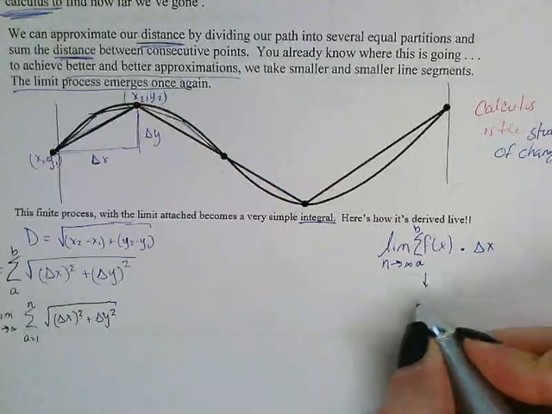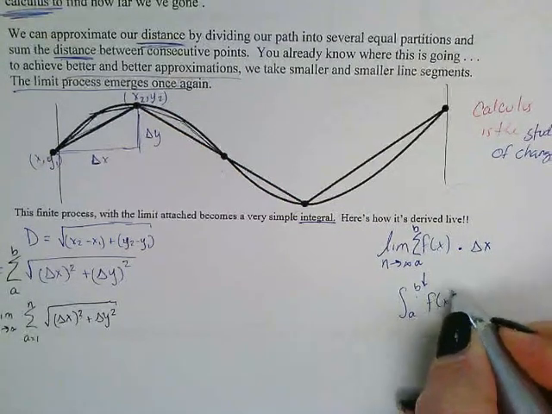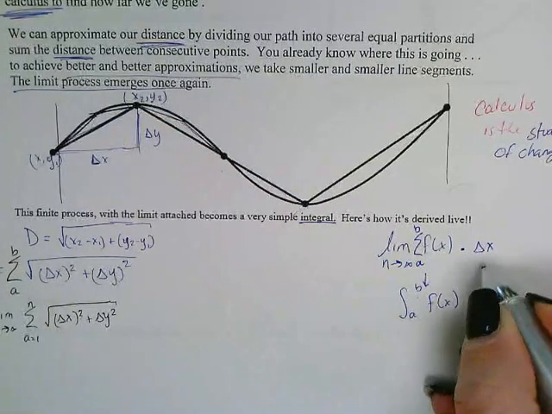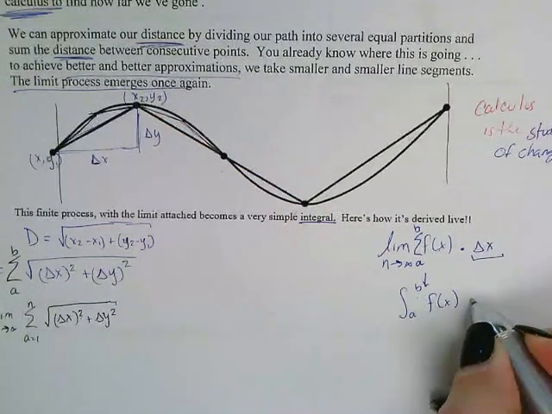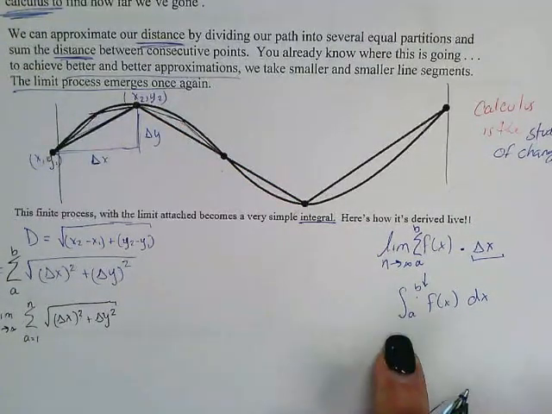Then this can be rewritten as the integral from a to b of f of x. And what is change in x? Change in x is just the same thing as saying dx. So this is where we want to get to.